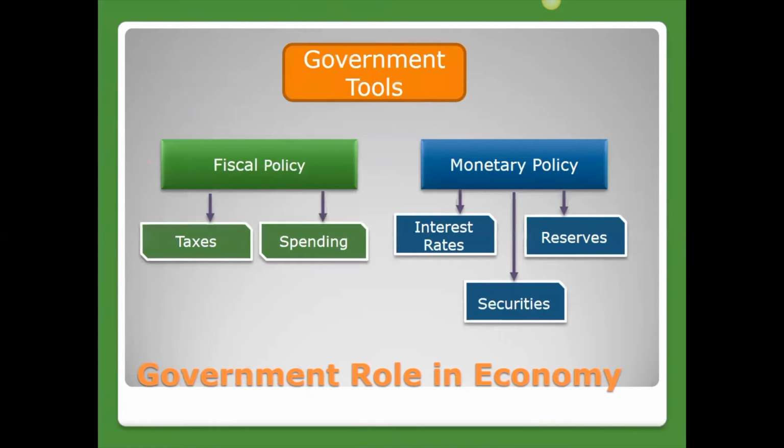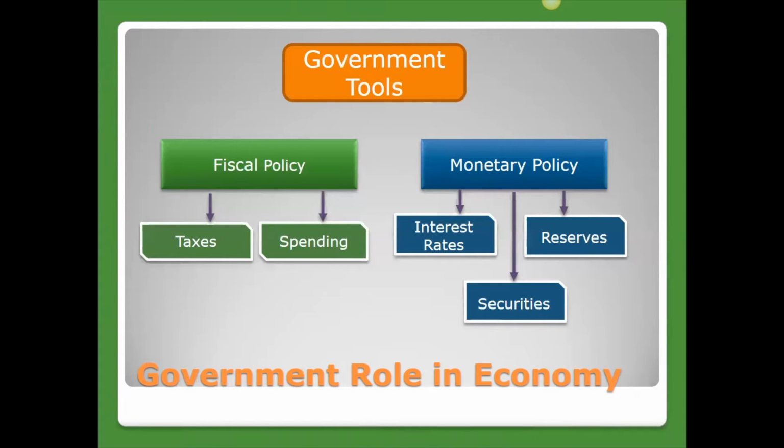To begin, the first thing we need to look at is what are the different tools that the government has at its disposal in terms of managing or impacting the markets. Really, there are two different tools. The first is fiscal policy, and the second one is monetary policy.